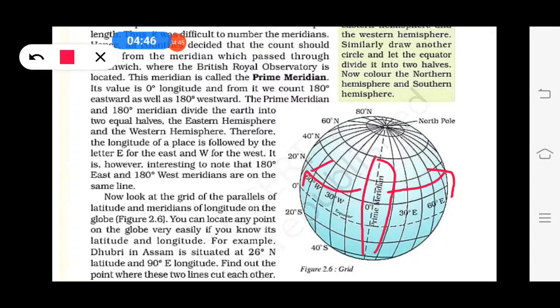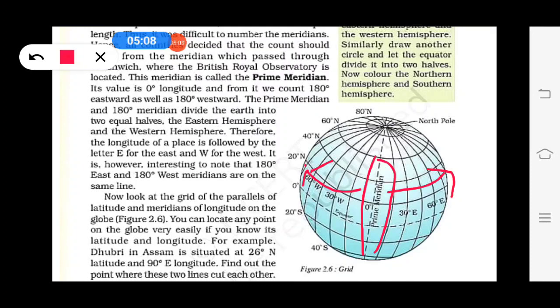So the longitude of a place is followed by the letter E for the east and W for the west. There are 180 meridians in the eastern hemisphere and 180 meridians in the western hemisphere, and in total they are 360 in number.